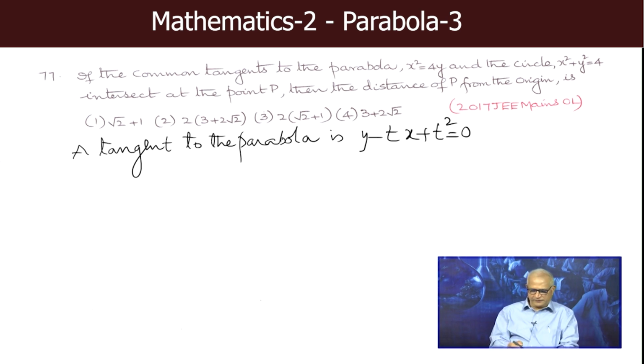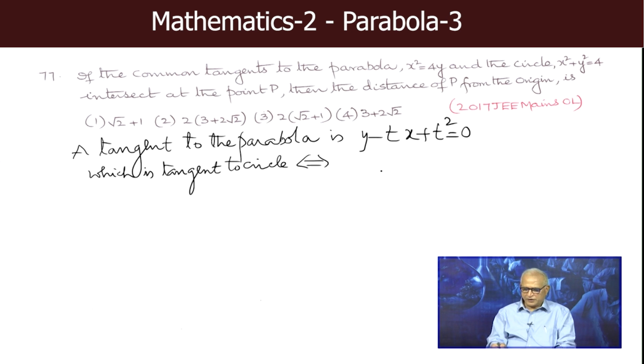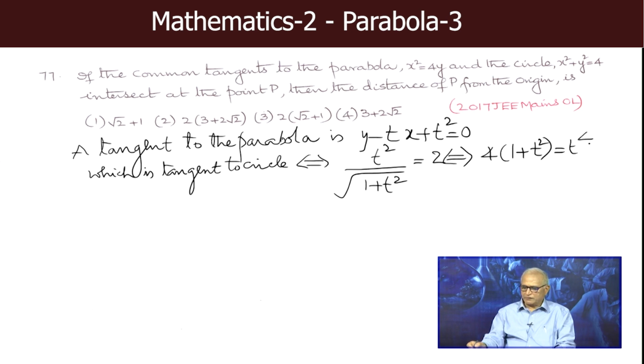This is also a tangent to the circle if and only if the distance of the center from the straight line, t square by square root of 1 plus t square, is equal to radius 2, or if and only if 4 into 1 plus t square is equal to t power 4, squaring both sides, or if and only if t power 4 minus 4t square minus 4 equal to 0.